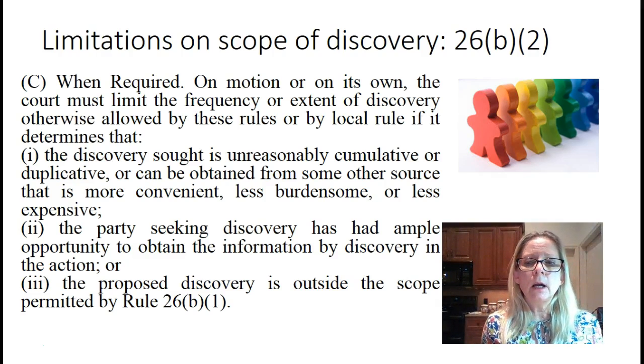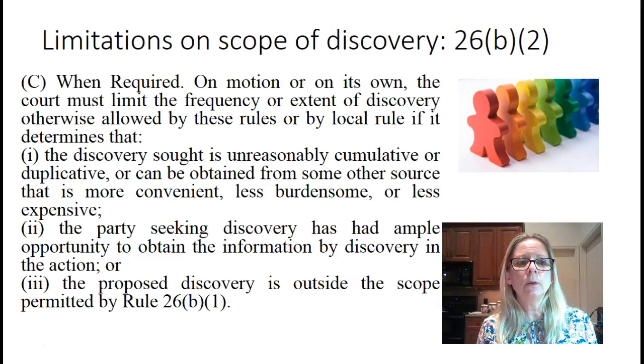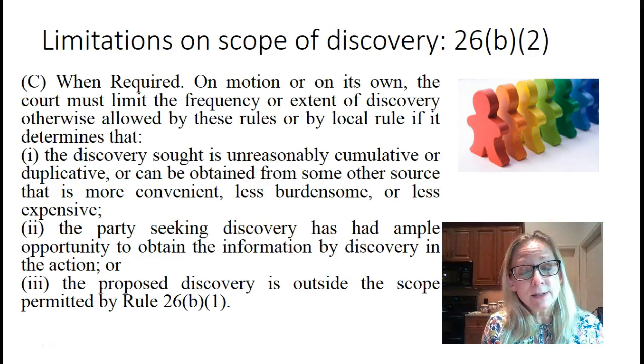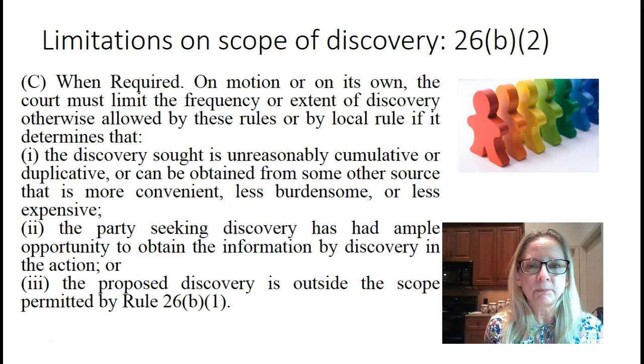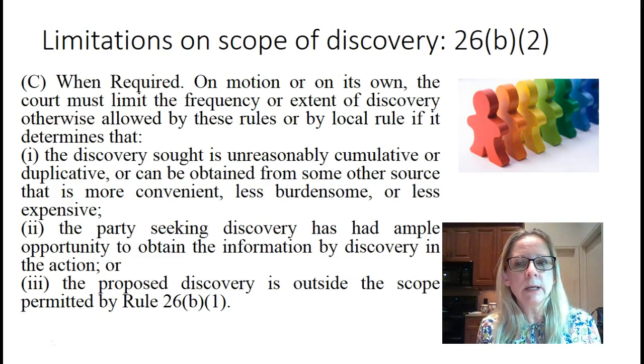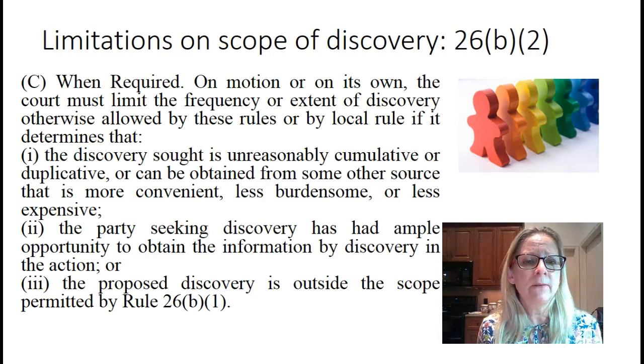Finally, the last subdivision of 26(b)(2) is subdivision C, which lists even more reasons to limit discovery on motion or sua sponte. If the court determines that, one, the discovery sought is unreasonably cumulative or duplicative, or can be obtained from some other source that is more convenient, less burdensome, or less expensive.